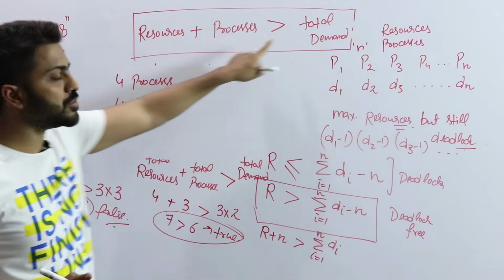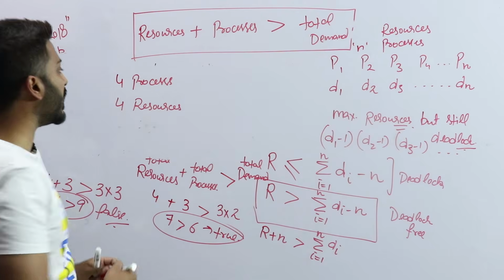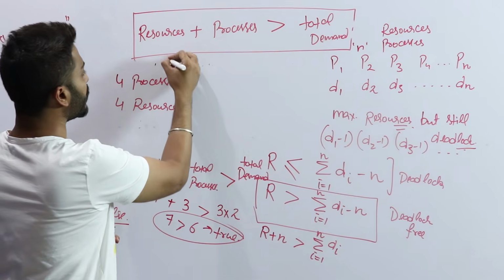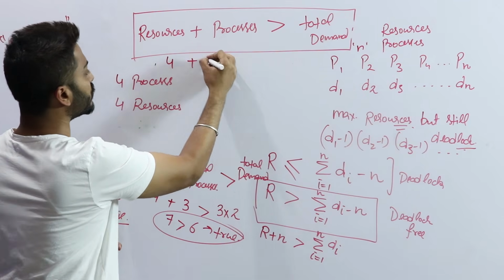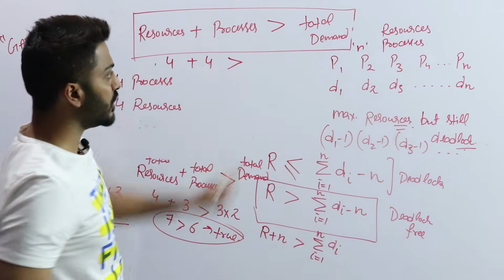What can be the maximum demand? Number of processes 4, number of resources 4. 8 should be greater than the total demand.